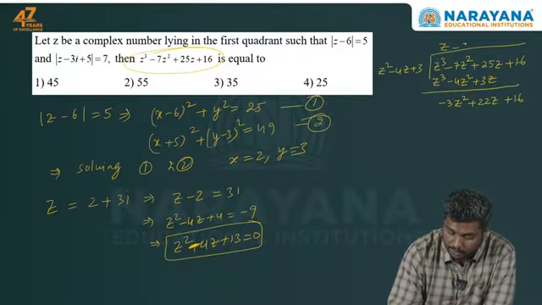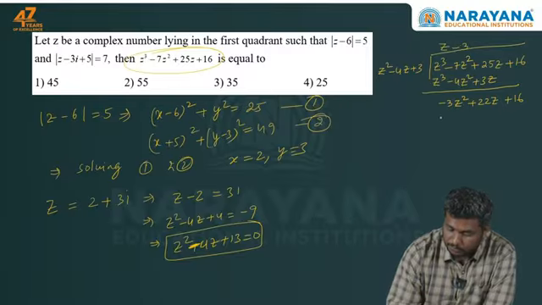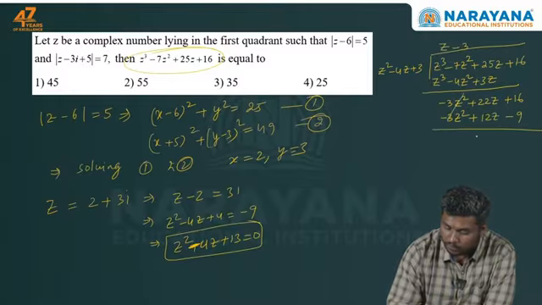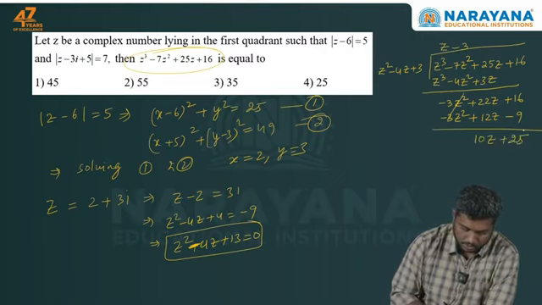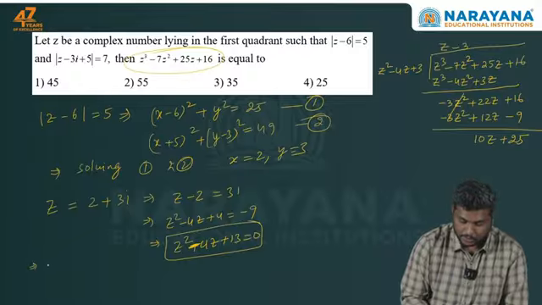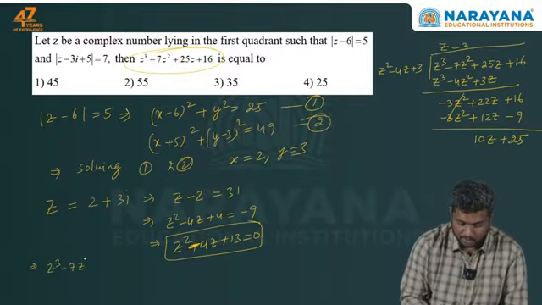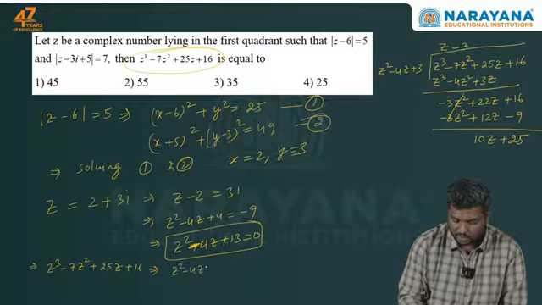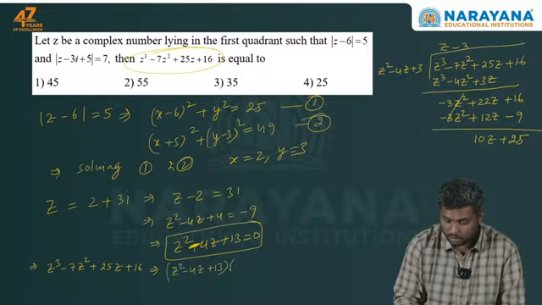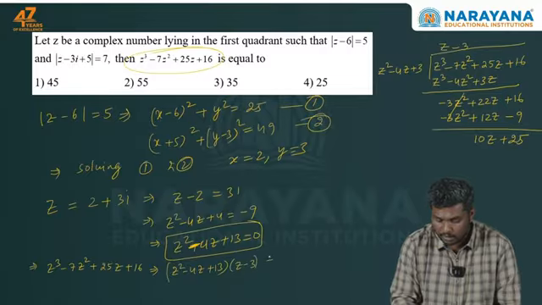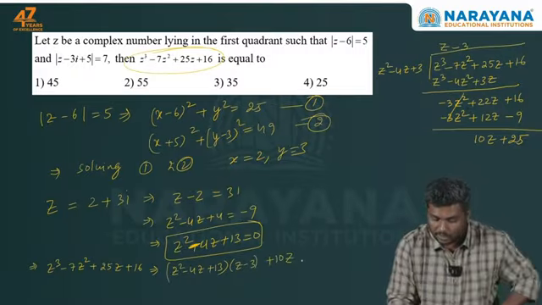Once again, minus 3z square plus 12z minus 9. Subtract these both, we are going to get 10z plus 25. So guys, I can write z cube minus 7z square plus 25z plus 16 is equal to (z square minus 4z plus 13) into the quotient. The quotient is z minus 3 and the remainder is 10z plus 25.